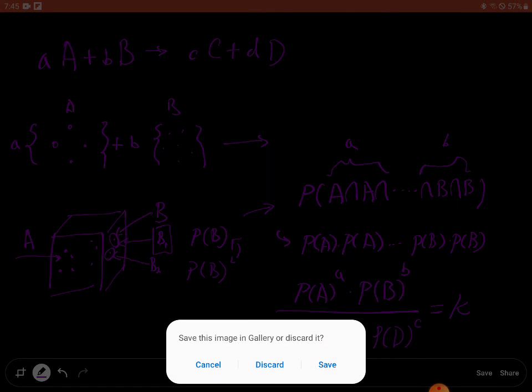So let me quickly summarize in words why the multiplication happens: because the presence of element A and the presence of element B are independent. And second, why does the coefficient become an exponent?